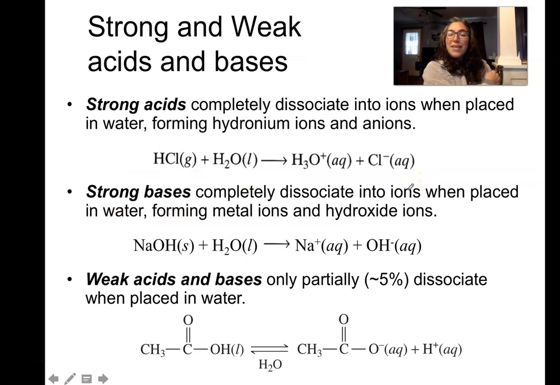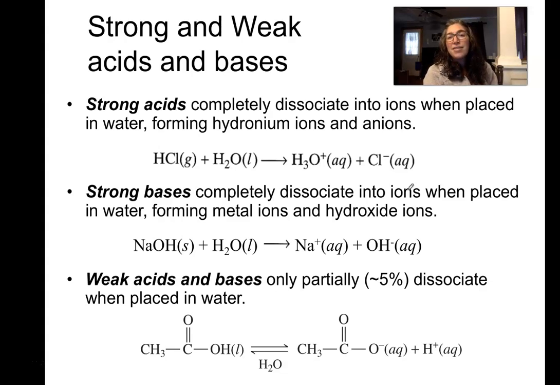So acids and bases, just like electrolytes, we saw that electrolytes are things that dissolve in solution to form ions. All right, acids and bases are electrolytes. They form ions. Protons, H plus ions, and hydroxide ions are ions. So they are electrolytes. And so just like we have strong and weak electrolytes, we have strong and weak acids.